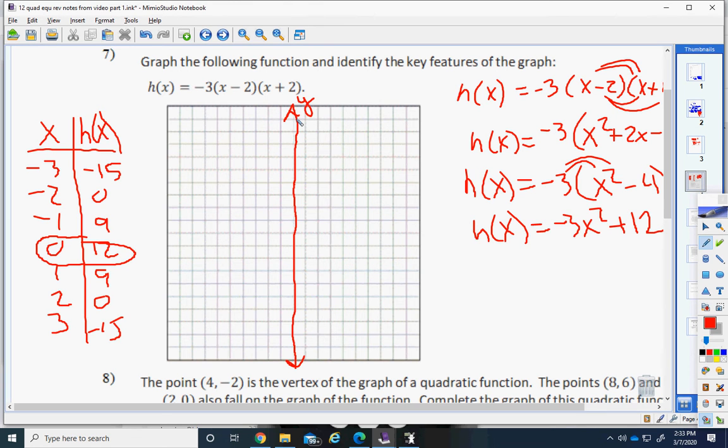If this is 12, 11, 10, 9, 8, 7, 6, 5, 4, 3, 2, 1, 0, I'm going to make my x-axis here. And I'll plot.